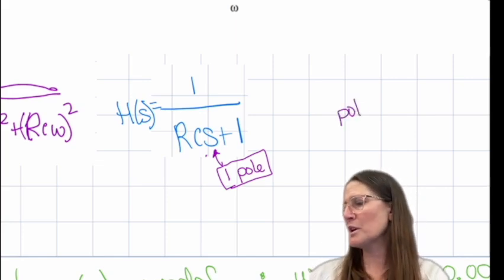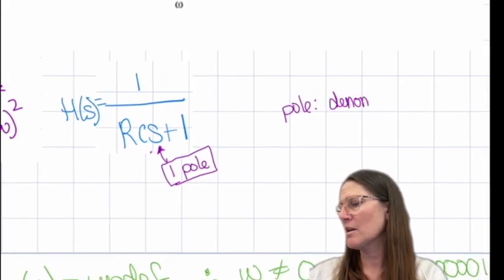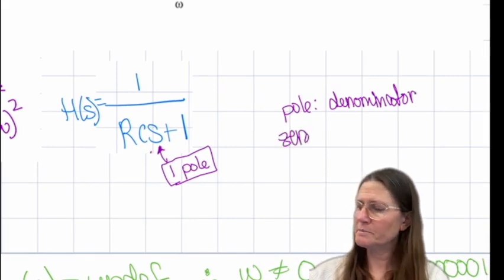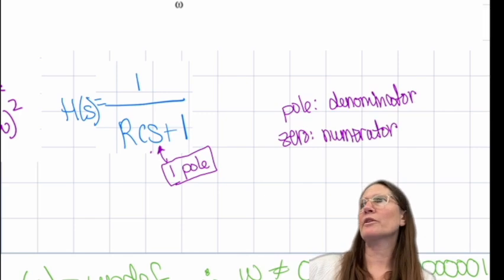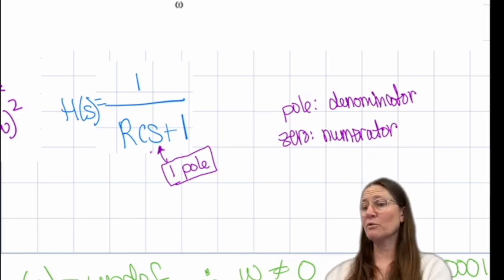So a pole will be in the denominator, and a 0 will be in the numerator. So for a pole, I have the effect of once I've reached the pole value.